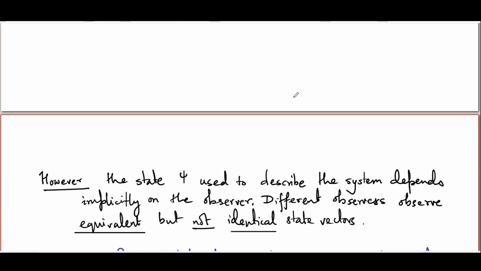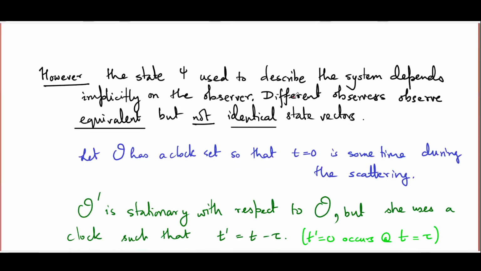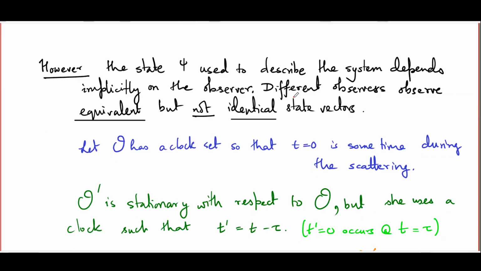The important thing is, different inertial observers do not use the same state vector. In particular, if we consider two different observers, one of them, O, has a clock set so that t equal to 0 is some time during which the scattering is taking place. That is, t equal to 0 is the time when the particles are sufficiently close to each other to interact.